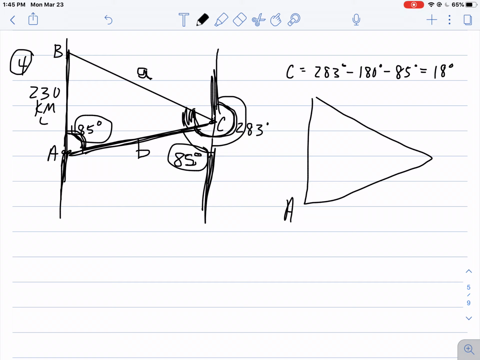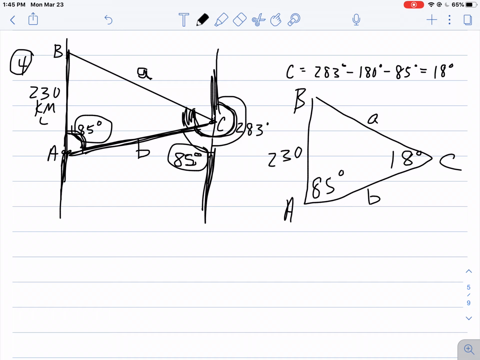So this is angle A, this is angle B. We're calling this angle C. We know this is 230. We know this is 85. And we found angle C to be 18 degrees. Because now once you do that, now we're just back to solving the triangle. Now we're back to doing what we were just doing, finding the length of side A and side B.